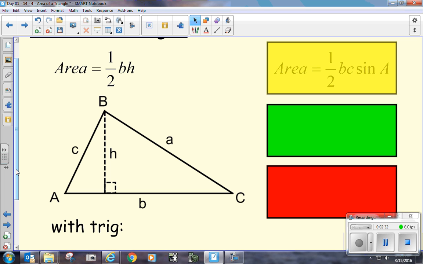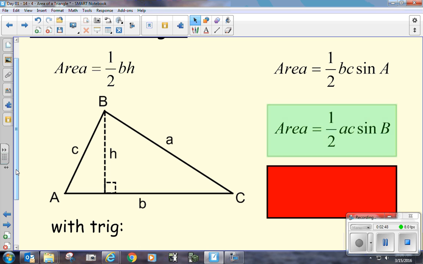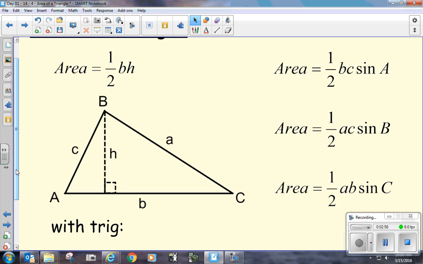The area of a triangle using trig can be 1/2 bc sine of A. Now, because there are 3 angles, they write it 3 different times. It can also be 1/2 ac sine of B, or lastly, 1/2 ab sine of C.